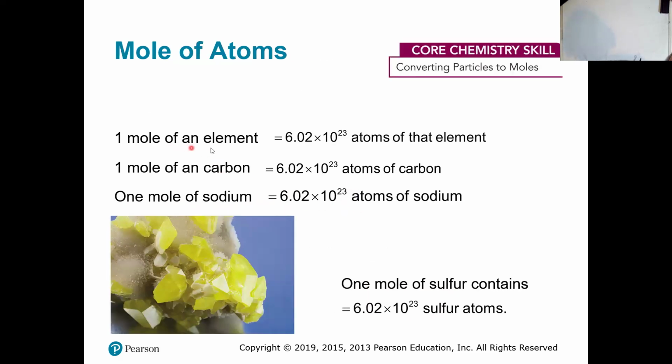If you're talking about a mole of an element, that means you have 6.02 times 10 to the 23 atoms of that element. A mole of carbon, you have that many atoms of carbon. 1 mole of sodium means you have that many atoms of sodium. The equality works for anything that you're talking about.